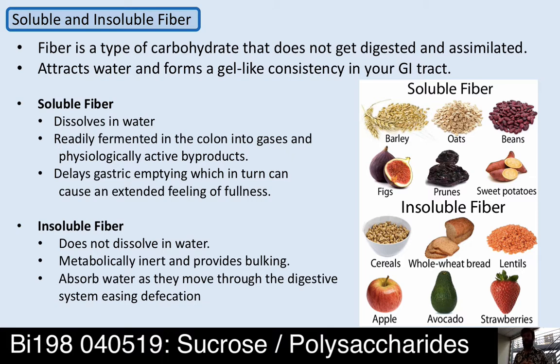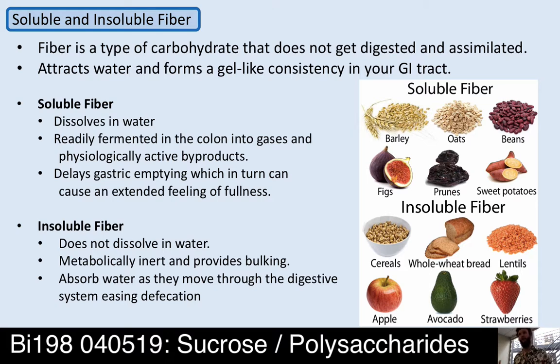It's easily fermented in the colon. If you eat too much soluble fiber and your gut flora is not used to it, it can lead to bloating and gassiness. You know, farting, that sort of thing. And it can delay gastric emptying.